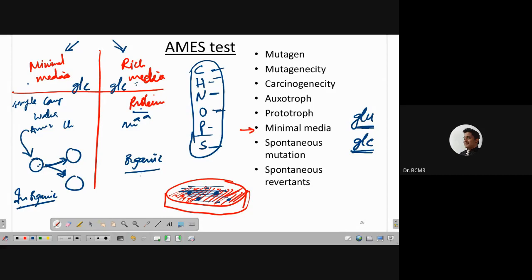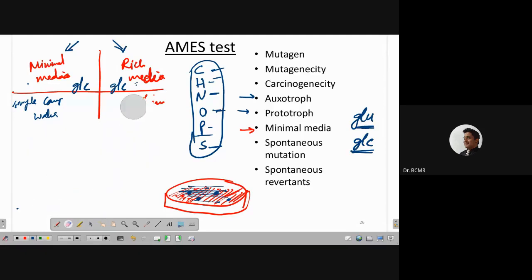So if we talk again about auxotrophs and prototrophs, let me erase and show what will happen. Auxotrophs and prototrophs can both grow in rich medium, right? Because you're giving everything in good form. It's like early morning, you give a good breakfast, and it's readily going to take it up and eat it.